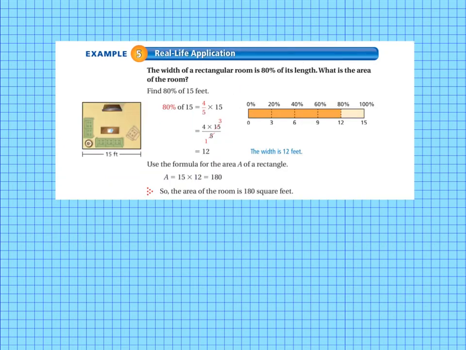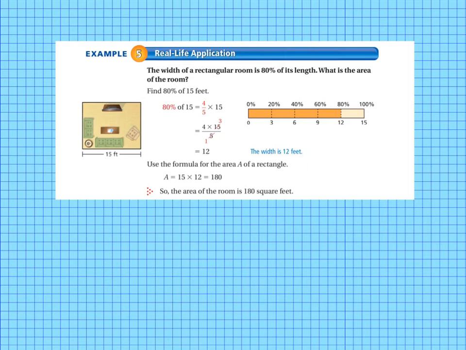Here's a real-life application, example 5. The width of a rectangular room is 80% of its length. What is the area of the room? So they've drawn a picture for us, and they have 15 feet, and 80% of 15 is this other measurement.